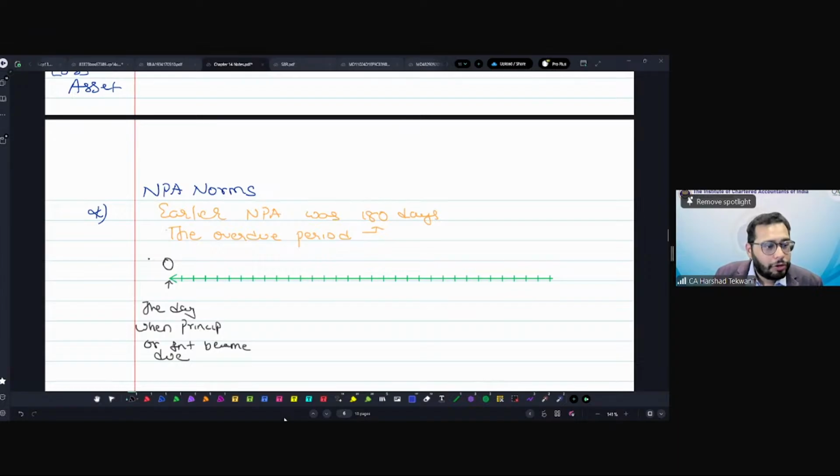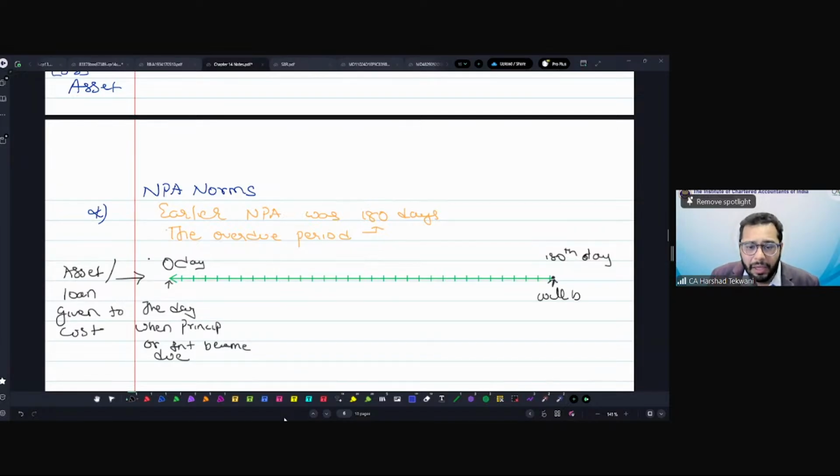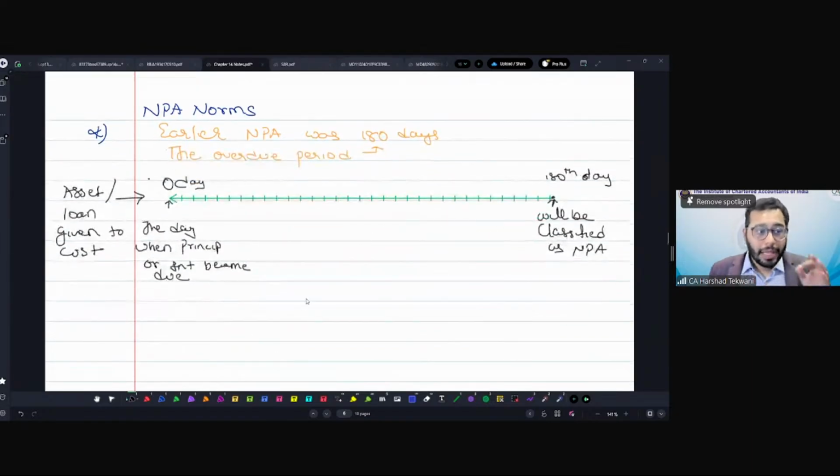Now this is day zero. Earlier, if it was not paid till the 180th day, this particular asset or loan given to a customer would be classified as NPA.